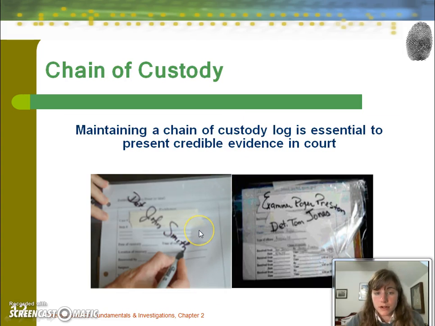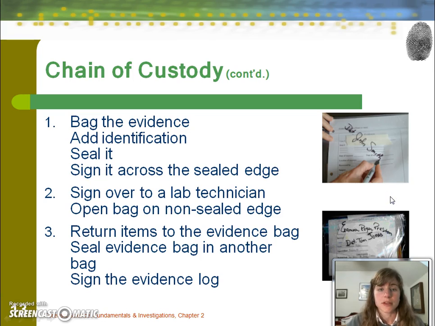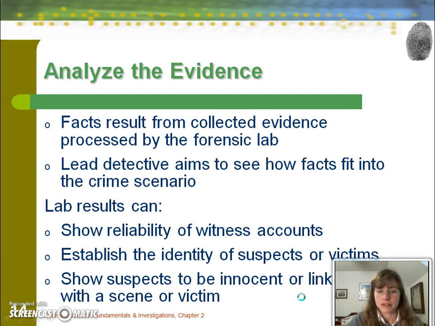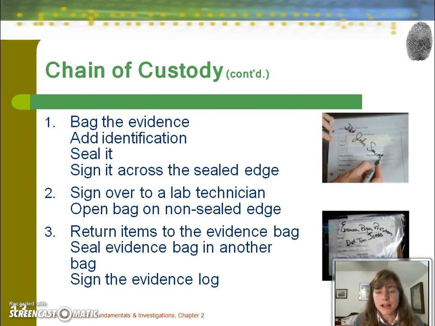This is one example of what that can look like, sealing and then signing over that seal along with a record of the chain of custody. So in conjunction with that, bagging the evidence, you add the identification, sealing it, and signing it across that edge. One thing that's interesting is that when the evidence is opened back up by the investigator, you actually don't want to open it at the old seal.